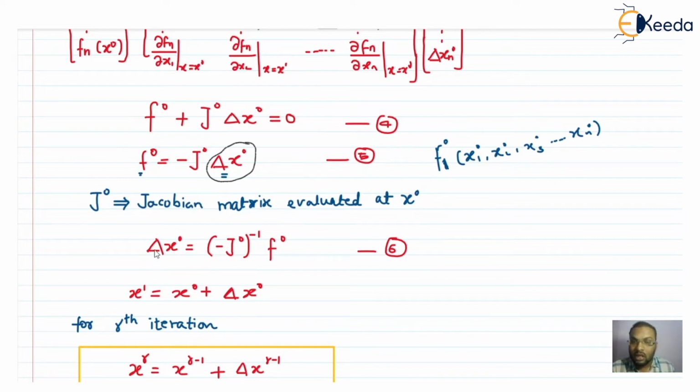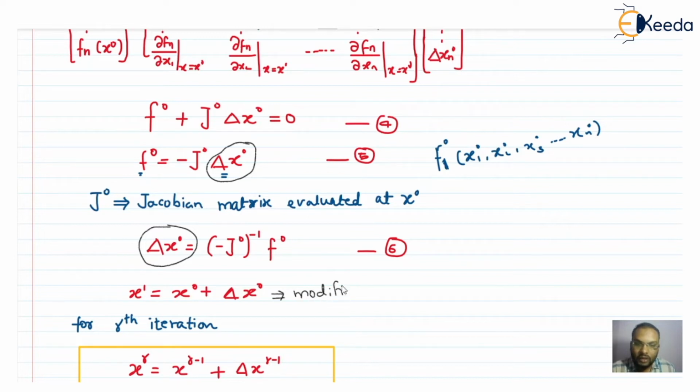Now I'm putting the correction which is to be found on this side. If I shift the Jacobian matrix to the other side, it becomes the inverse of the Jacobian into F naught. Once you get this correction, you add it to the initial assumed value, which gives you a modified value.